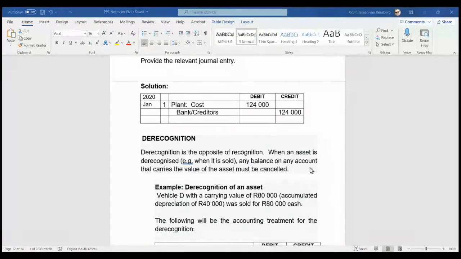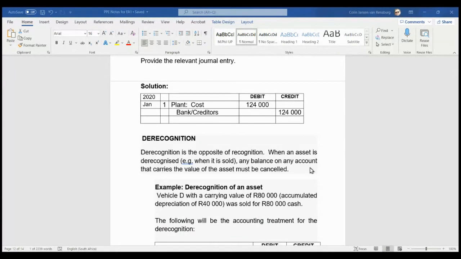So if this is vehicles, it will be vehicles colon cost and vehicles colon accumulated depreciation. I think in this example, they actually had a separate account for vehicle D, so they haven't combined it with all the other vehicles. It might even be their only vehicle, who knows? But the fact remains, those are the two accounts that you need to get rid of the balances.